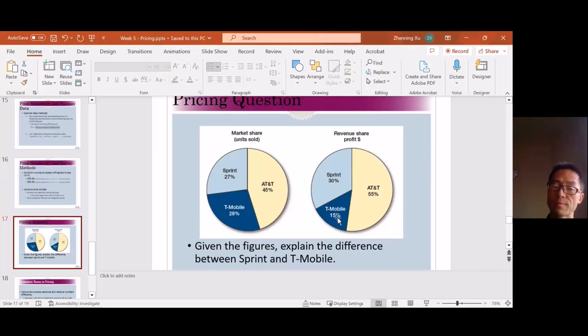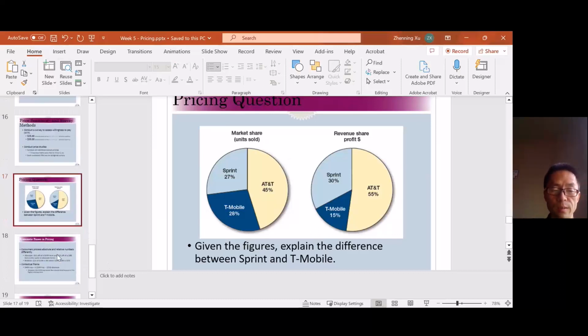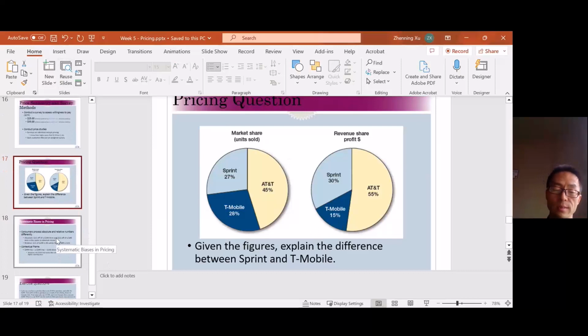Maybe with this strategy, they'll be more likely to have higher customer retention, because you assume the prices are lower and you try to sell more products, especially when these are uniform products or services, then you are probably more likely to get more customers. And then definitely your profit will drop, but maybe in the long run, that could be a good thing for T-Mobile. So again, you can look at annual reports and see what's going on.